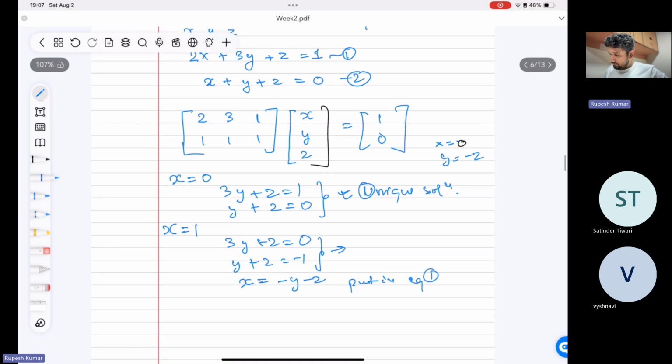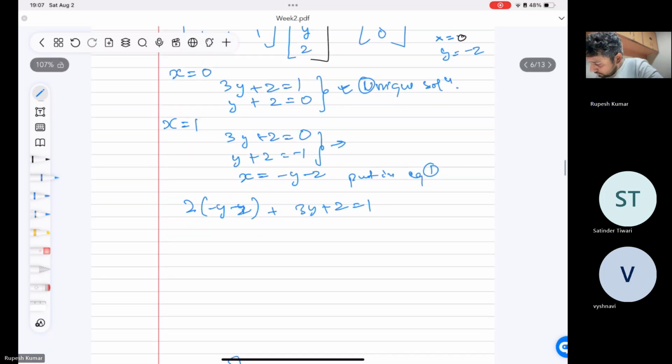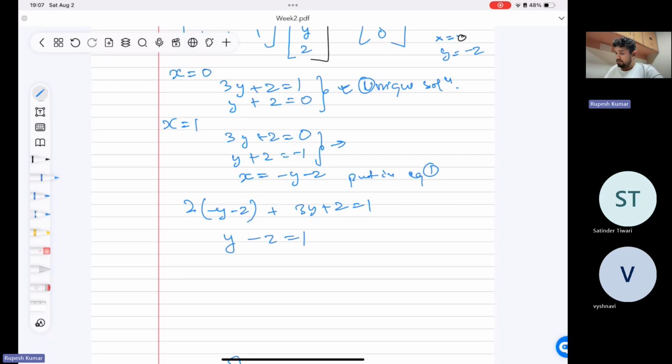Put it in equation 1: 2 times minus y minus z plus 3y plus z equals 1. So now you get y minus z equals 1, which means y equals z plus 1.